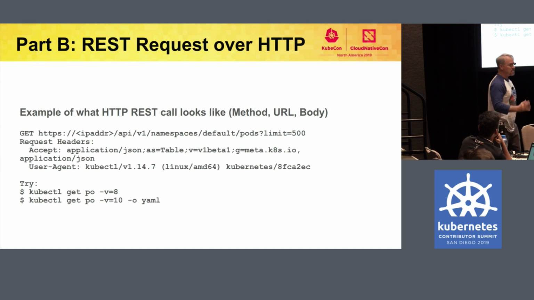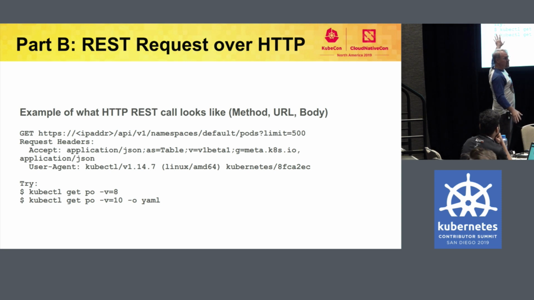What is this REST protocol? Well, if you do a kubectl get po, if you've got some pods, with minus v equals 8, 9, or 10, you're actually going to see what's happening at this lowest level, at this REST level. You can see that we have different HTTP methods like get, post, patch, and then a particular URL that maps to resources at the API server.